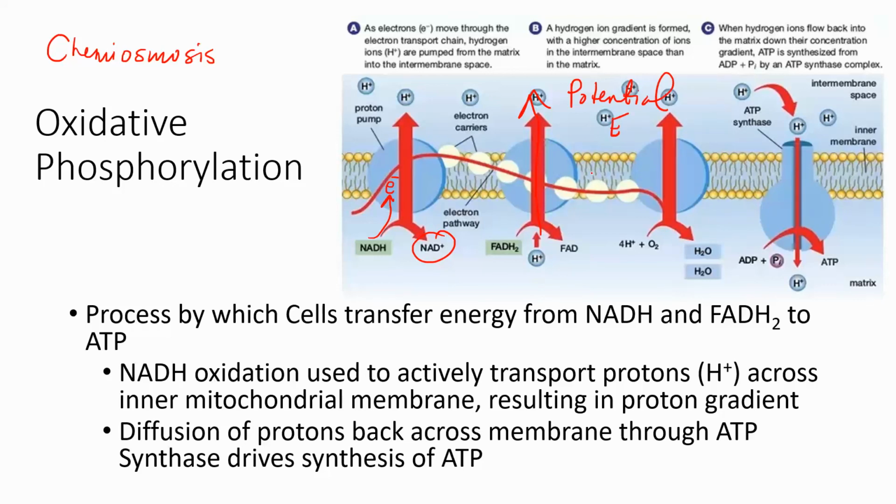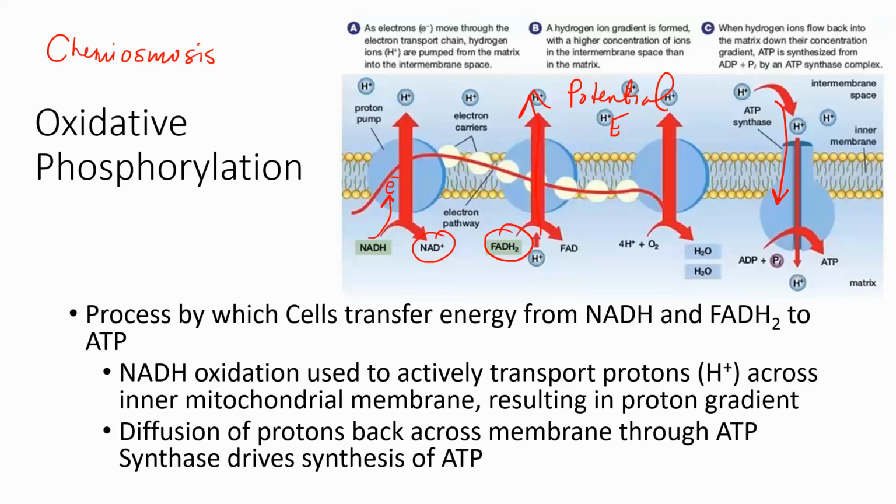So that potential energy keeps building up. You've also got FADH2 donating its high energy electrons to the electron transport chain, and then you're going to use that proton gradient that's built up to allow hydrogens to diffuse through ATP synthase. When they do that, you are going to use that energy of movement to form ATP.